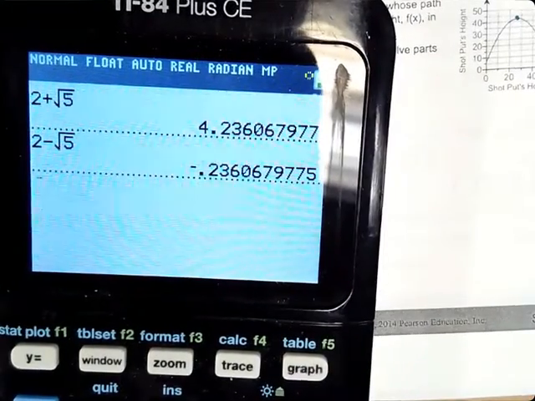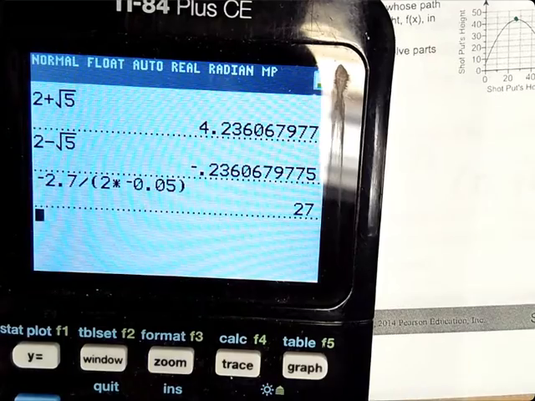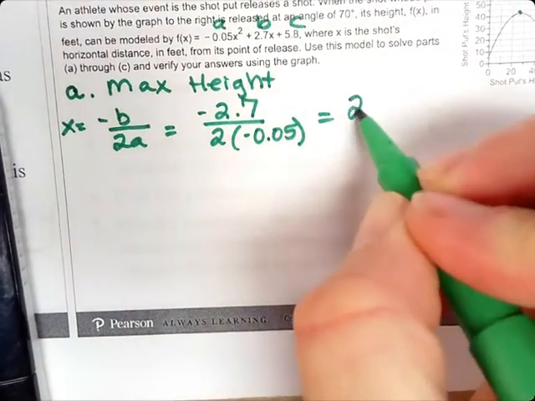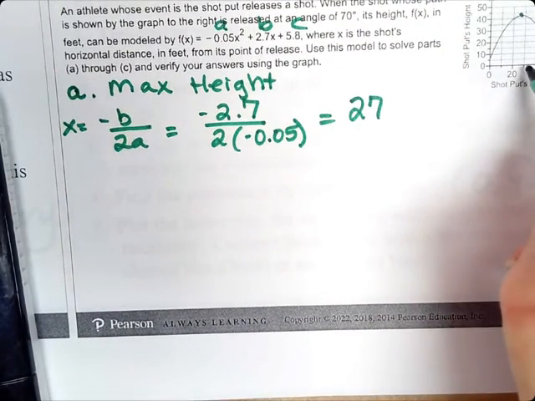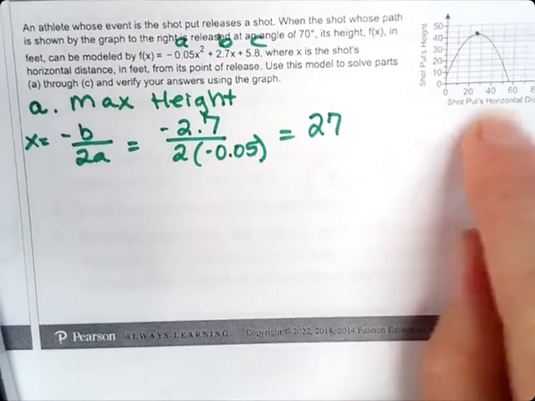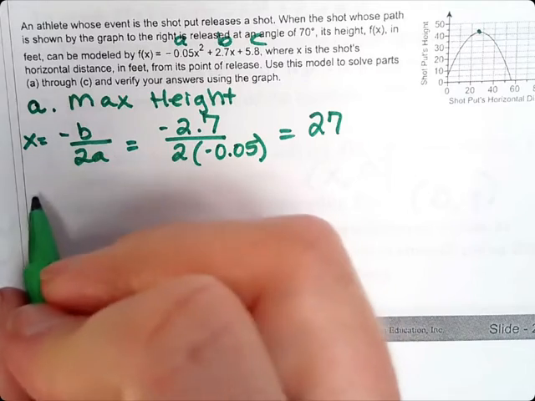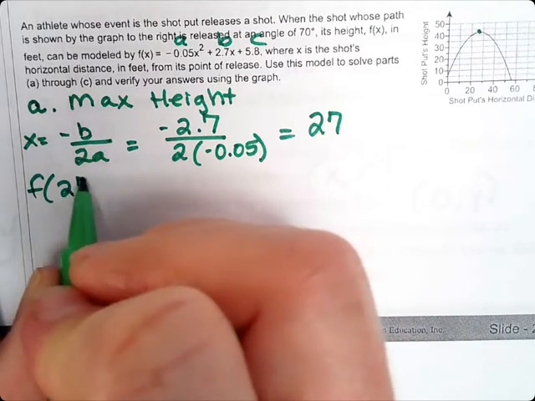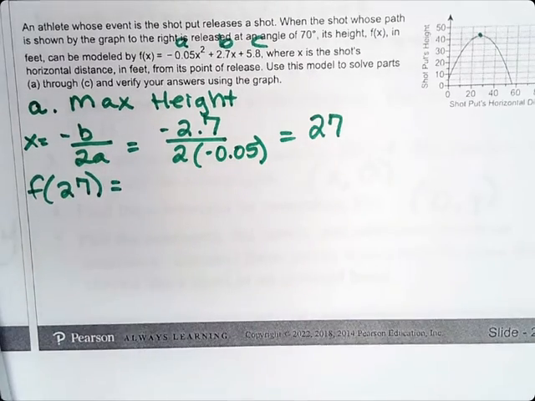Y'all ready? 27. So does 27 look right? Yes. Okay, so that's good. Now we need to find the y value. So plug in 27.